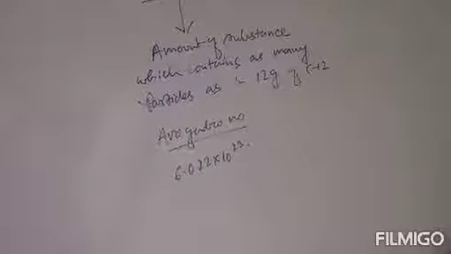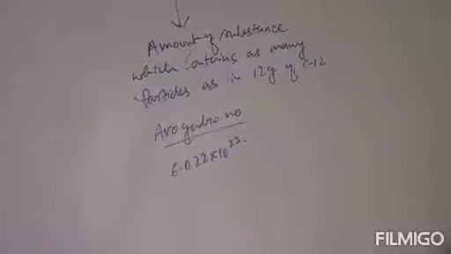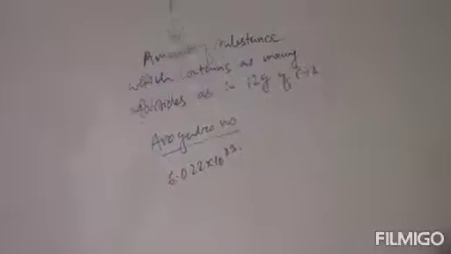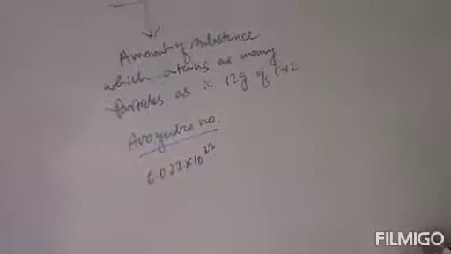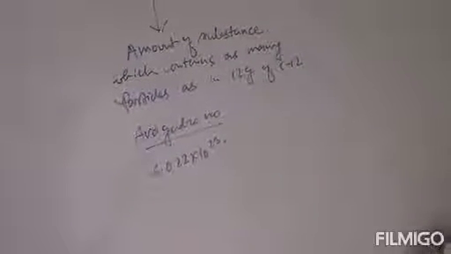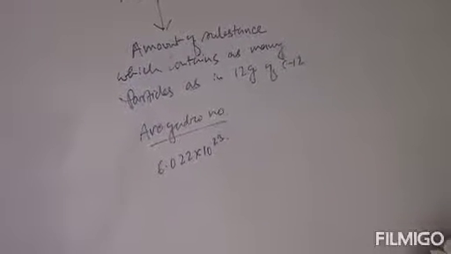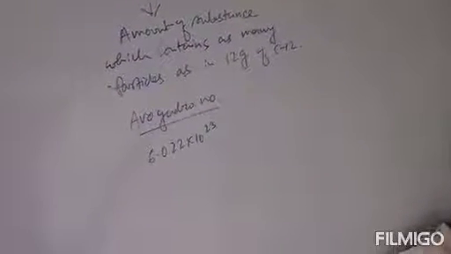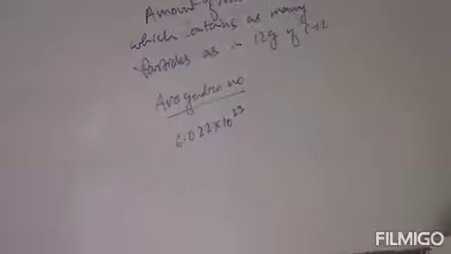Now what is this Avogadro number? Avogadro number is the number of particles present in 1 mole of any substance. Number of particles means number of ions, molecules, or atoms. It is fixed, that is 6.022 into 10 to the power 23.